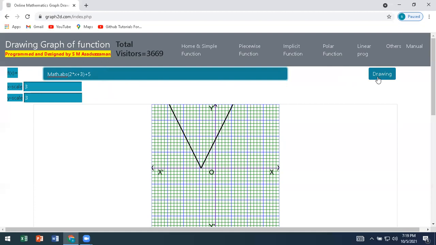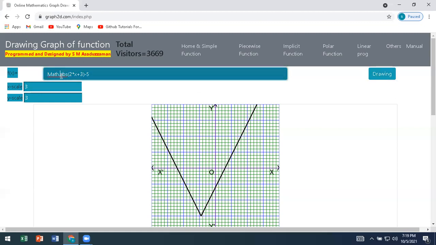Then press drawing, we get the absolute value of 2x plus 3 plus 5, or minus 5. Press drawing, we get the absolute value of 2x plus 3 minus 5.